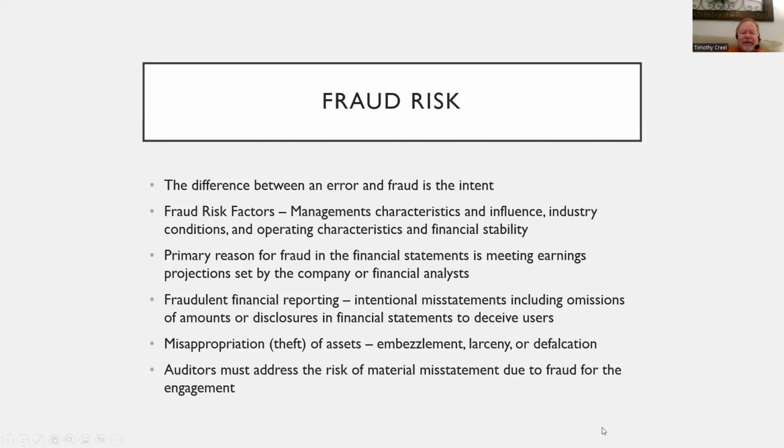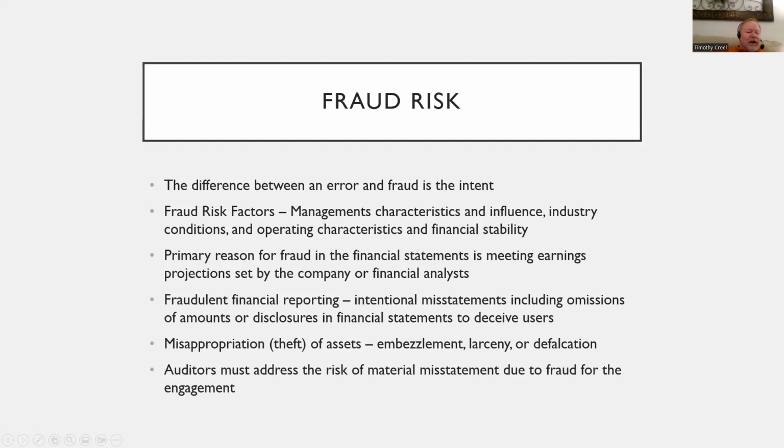And finally, the financial stability of the company. If the company is doing very well financially, there's probably less chance of fraud than if they're not doing well financially, having trouble meeting Wall Street goals and things of that nature. The primary reason for fraud in the financial statements is meeting earnings projections set by the company or financial analysts.